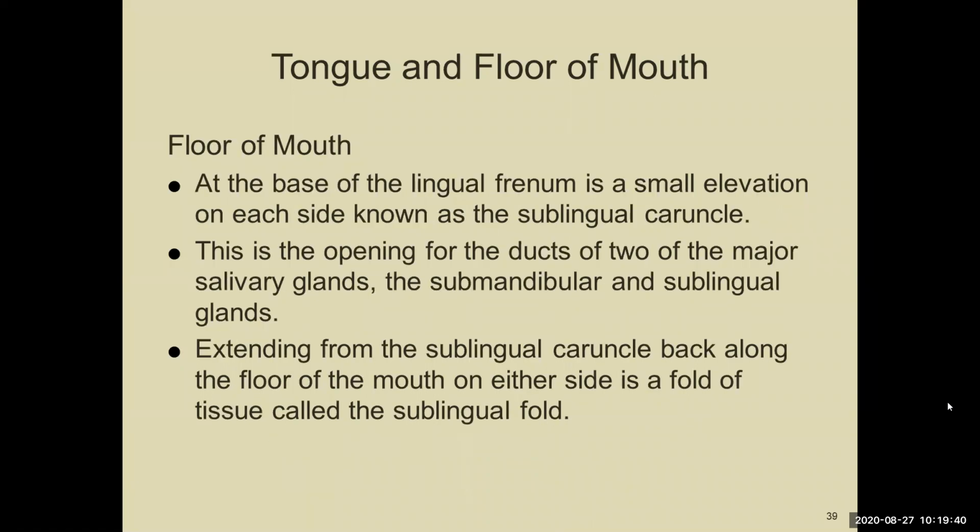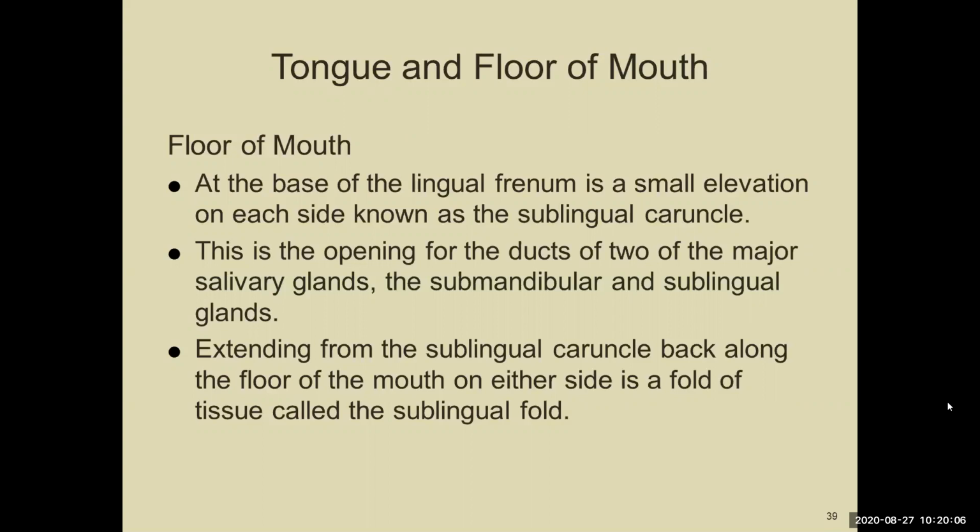We're still looking at the floor of the mouth. At the base of the lingual frenum is a small elevation on each side of that frenum. It's known as the sublingual caruncle. Sub, underneath, lingual, the tongue, caruncle. This is the opening for the ducts of two of the major salivary glands, the mandibular and sublingual glands.